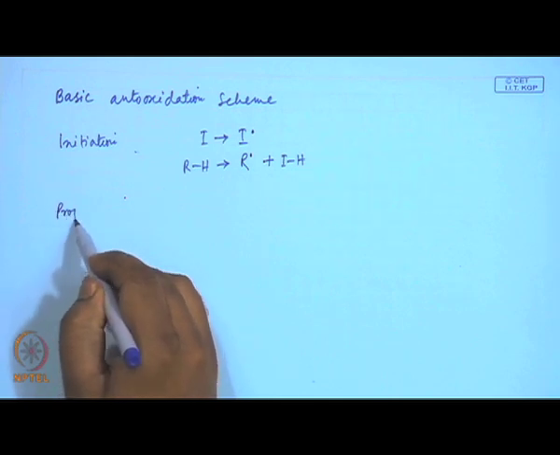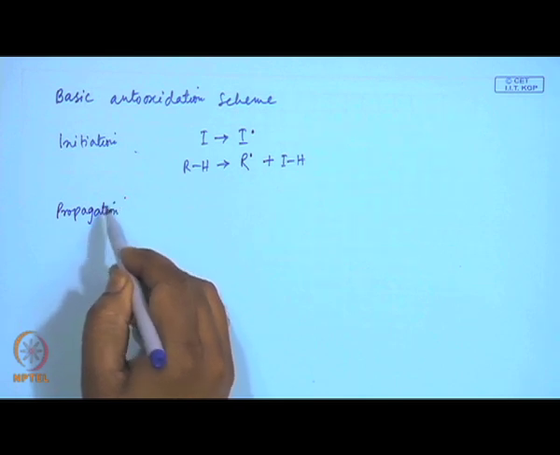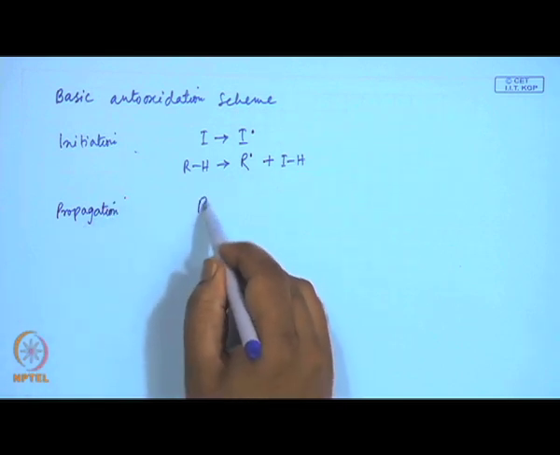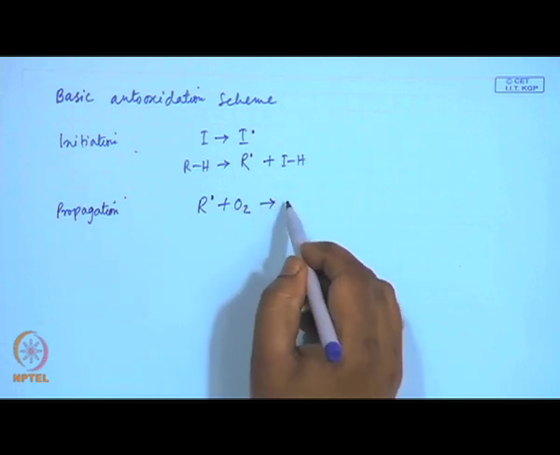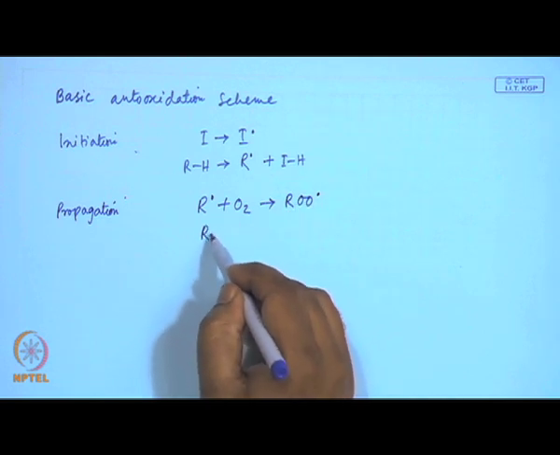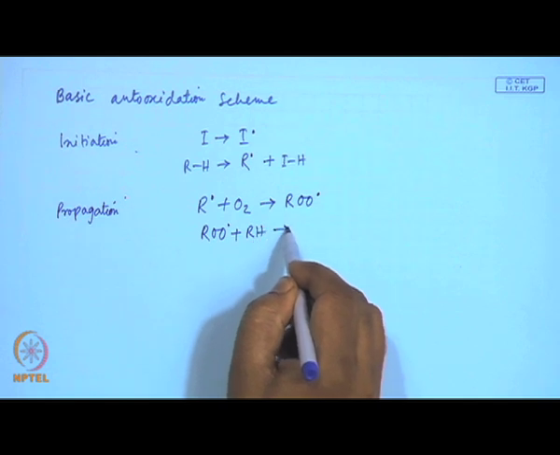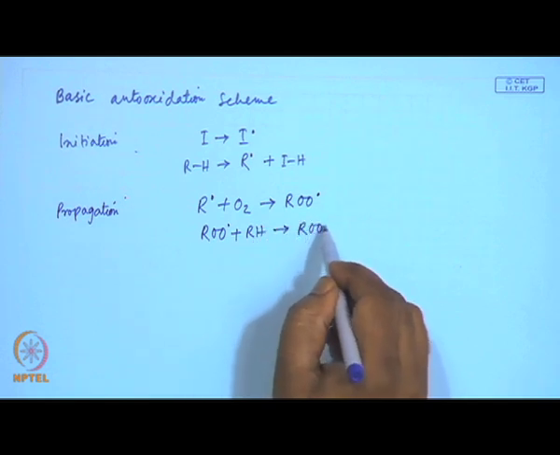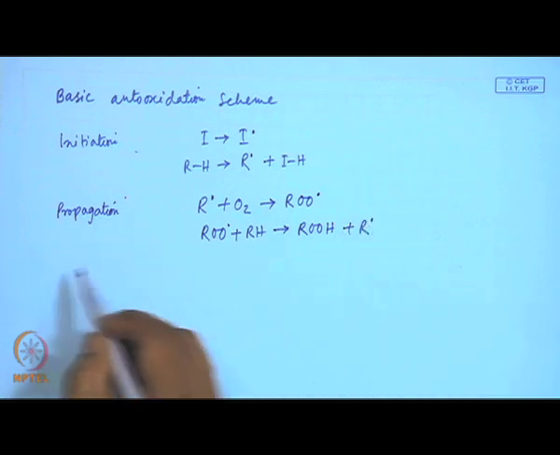Next, normally the propagation step, where it reacts with oxygen forming a peroxy radical, and this radical starts the further chain reaction forming further radicals.